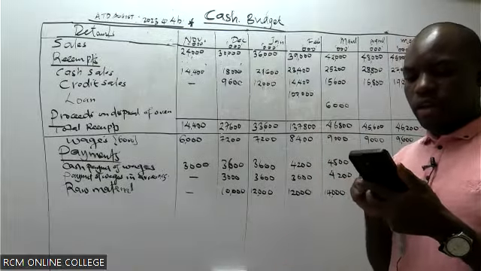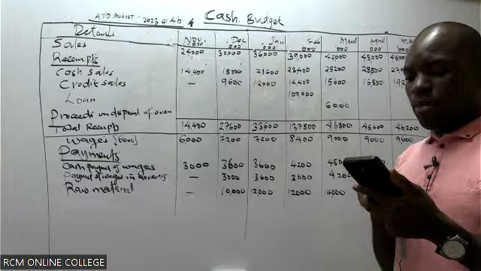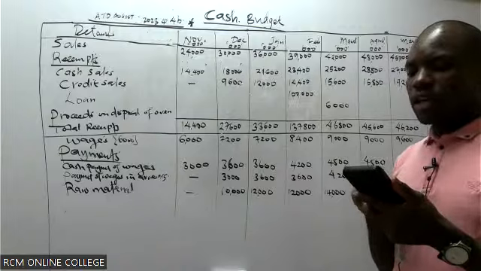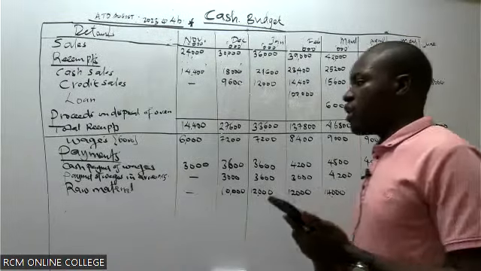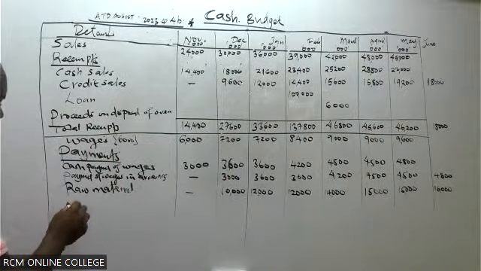Let's follow that order. During the period, the business plans to advertise its products. Payment for advertisement of 10 million and 15 million will be made in January and March, respectively. So we have advertisement cost.